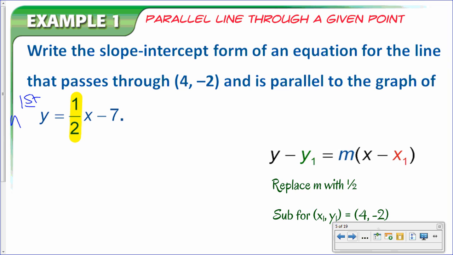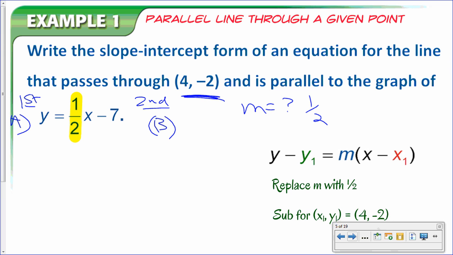Some people even like to label it equation A. Now I need to write a second equation, or equation B, that'll be parallel, right? So I can start with point slope since I have a point, and do I have the slope? I do. What is the slope? 1/2. It's going to be the same as the other line.